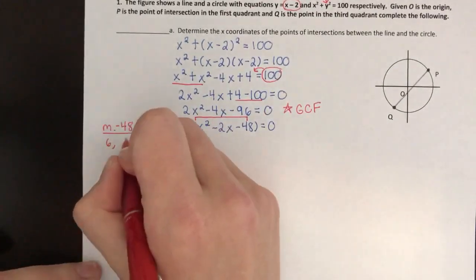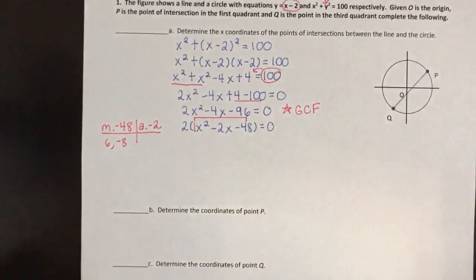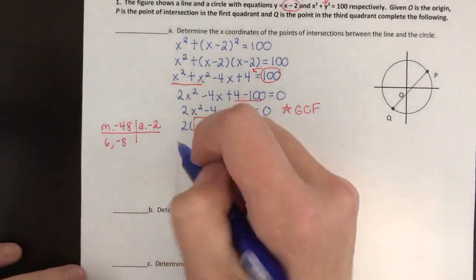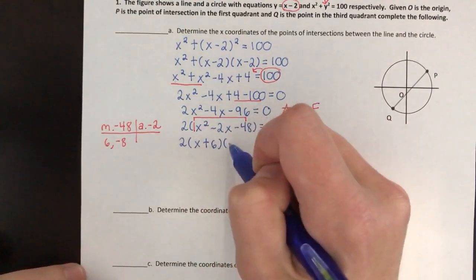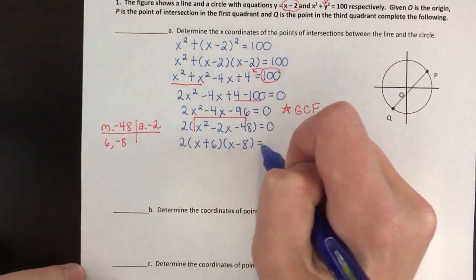So 6 and 8 multiply to 48, and that would work if the 8 was negative. Okay, so drag down that GCF of 2, and then we would have x plus 6, x minus 8, and then equals 0.